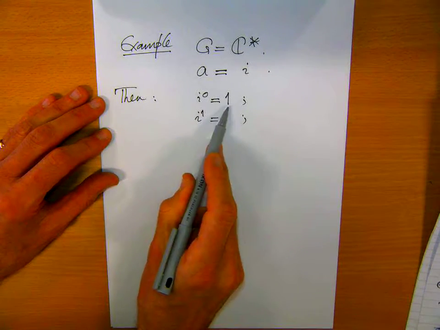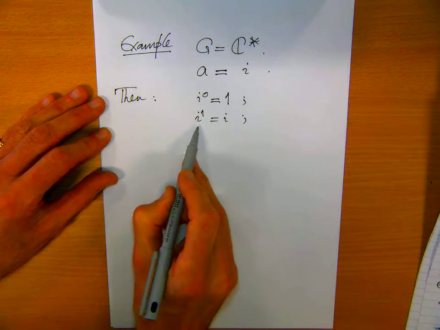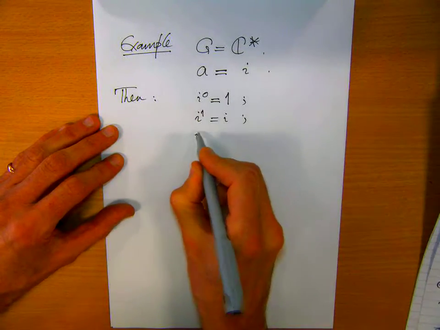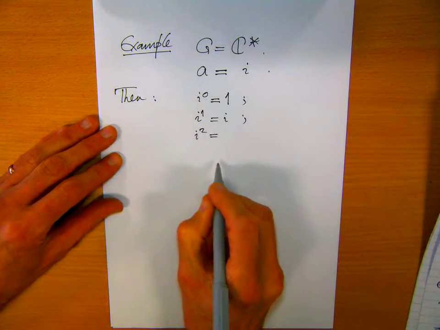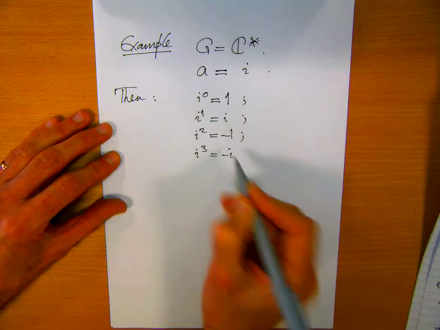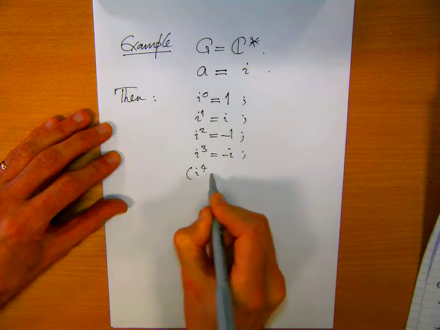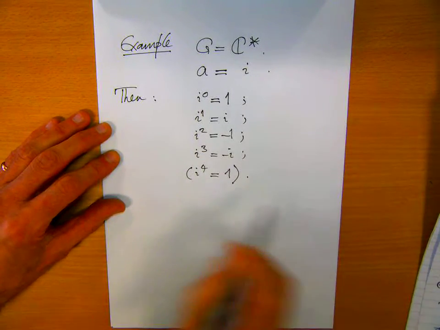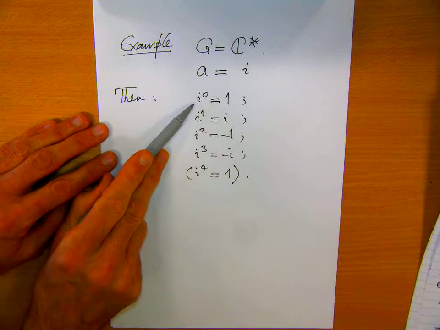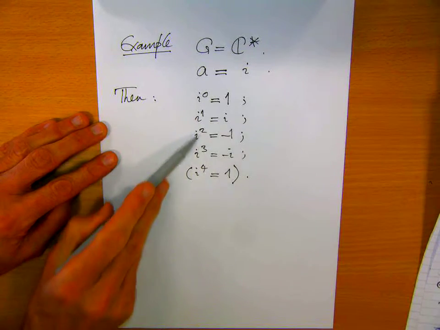So these first two lines are what I call the lines you get for free. The first one is a definition. Any group element to the power 0 is the identity element, and any group element to the power 1 is just the group element. And then if we start computing the non-trivial things, i squared is minus 1, i cubed is minus i. And then if I do i to the 4th, I get back to 1, and I'll put that in brackets because I've already got that. Now I've chosen to go in the positive direction there, 0, 1, 2, 3, 4.